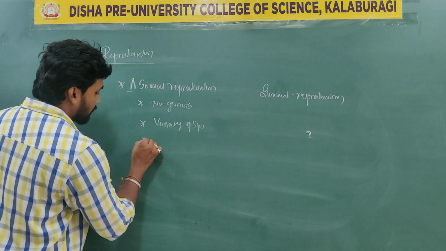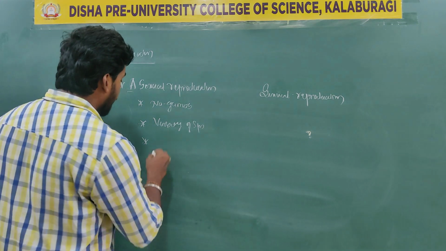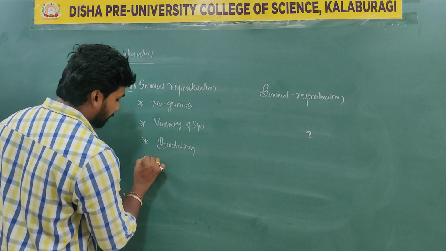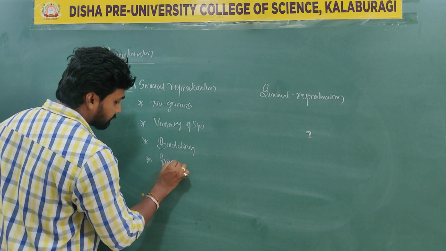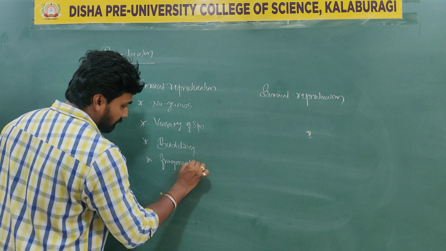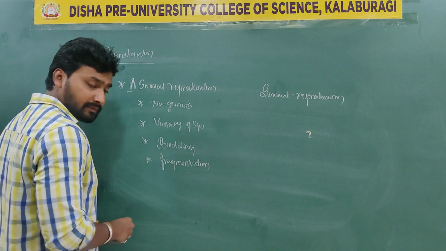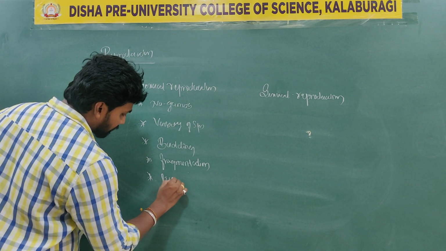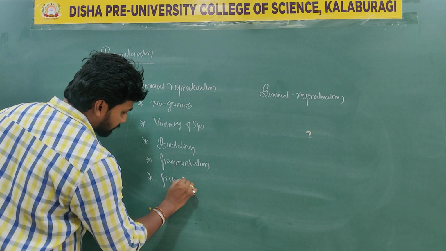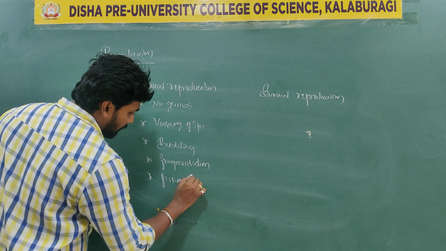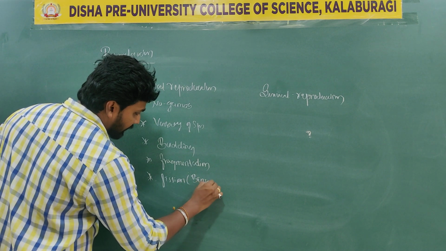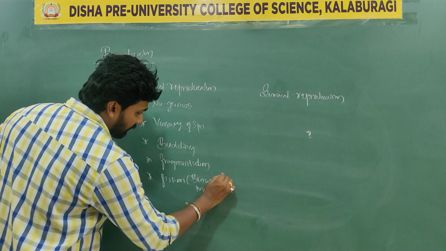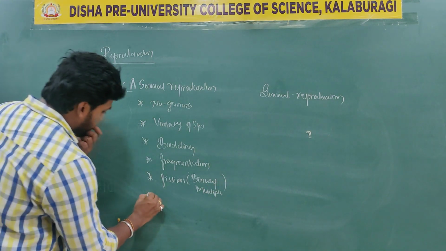And in asexual reproduction, there are different forms like budding, fragmentation, or fission. You can make it here binary, multiple fission.